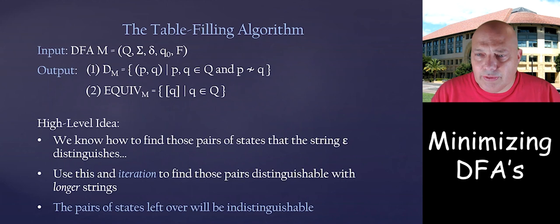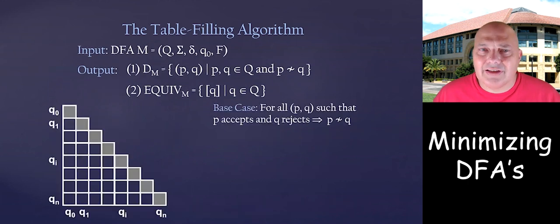So in each iteration we'll try to find some other pair of distinguishable states. And once we cannot find anything else, then we will conclude that all other pairs are indistinguishable. That's the very, very high level idea. Don't worry, we're going to see exactly the algorithm here.